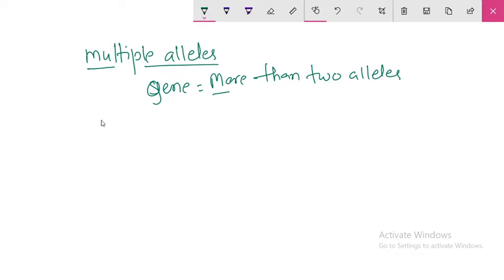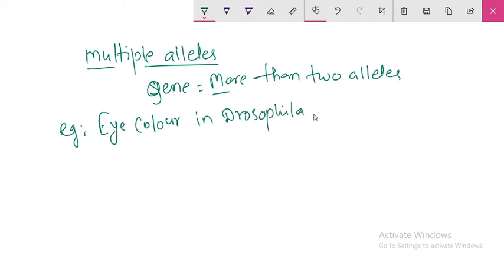Now today we are going to discuss the eye color in Drosophila. Another example, that is eye color in Drosophila. Okay, it is observed that the gene W, it is for the eye color, it is an X-linked gene.